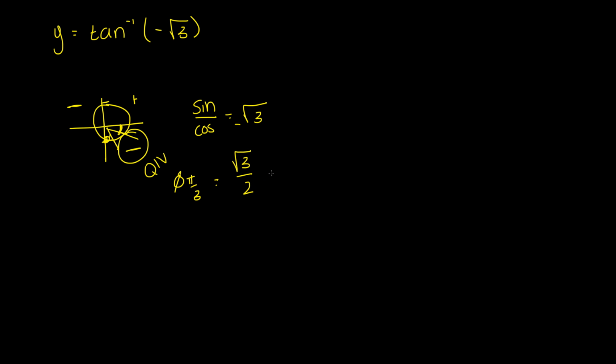And so what we see here is 1/2. We see this as root 3. So we're in quadrant 4. We're looking at negative root 3 with a reference angle of pi over 3. And if I were to do the terminal angle in this case, I would have to rotate the other way around.